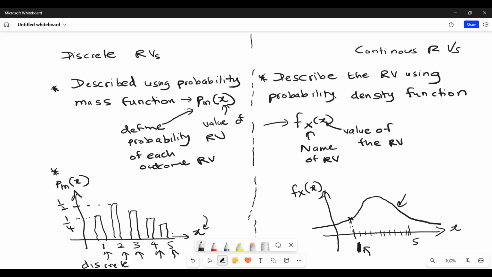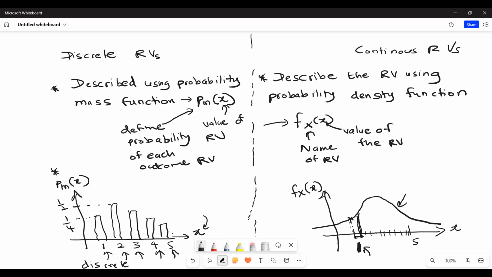We do not have a value for the probability of one certain value, but we have a value for the probability over a certain gap, distance, or range in the random variable.